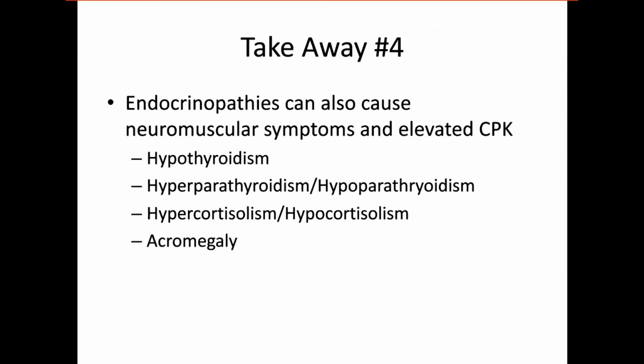But we have to think about these other ones too. And so usually if I have someone who has what I think is some sort of myopathy, I will certainly send things like calcium and parathyroid hormone and stuff like that. I can't say I've ever picked up acromegaly before just from someone coming in with weakness.